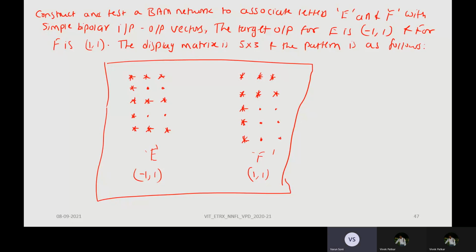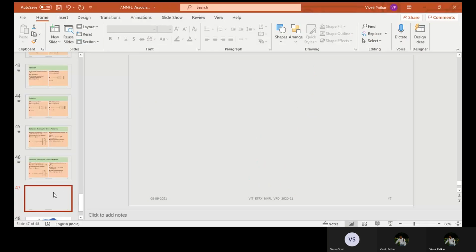I don't recall the methodology exactly, sir, but I remember that we have come across something similar. We solved it using the perceptron method, I think. Correct.